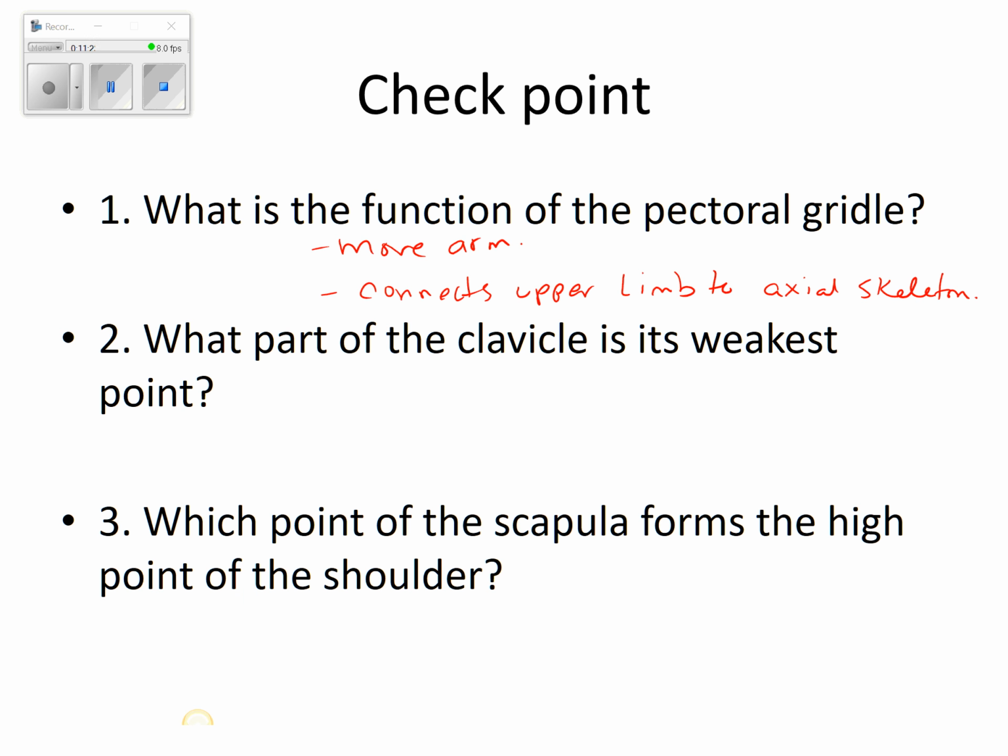Number two, I gave this to you in your notes, what part of the clavicle is its weakest point? That's in the middle, which is going to be at the junction of the two curves. Number three, which point of the scapula forms the highest point of the shoulder? That's going to be your acromion.